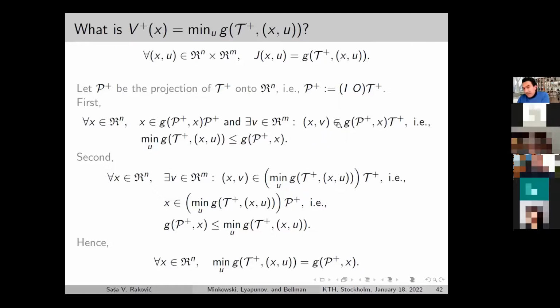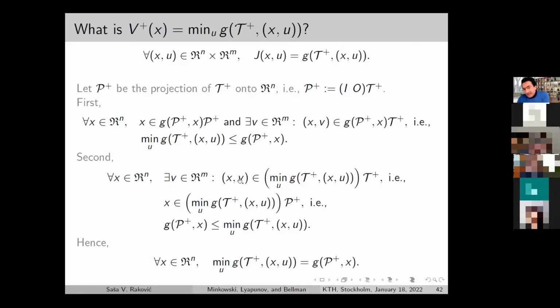That means that if I look at the minimum of g of T plus of x,u over u, it is going to be less or equal to g of P plus at x. That's one side of the inequality. Now, on the other side, this minimum is well defined because this is a continuous function, suitably level bounded, properties I have already indicated. That means that essentially for all x, there is a v such that (x,v) is in the argmin of g of T plus of x,u, okay?